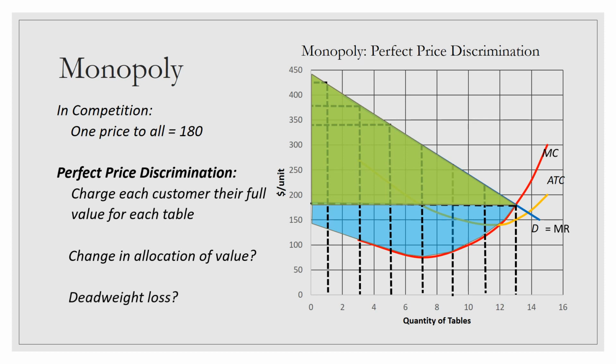If we were to change the rules of the game to say, no, a monopoly can be a monopoly and charge different prices to every consumer in the marketplace, notice that there's no deadweight loss. There's no inefficiency caused by having this monopolist who's able to price discriminate.